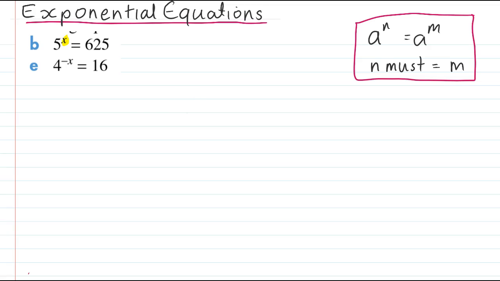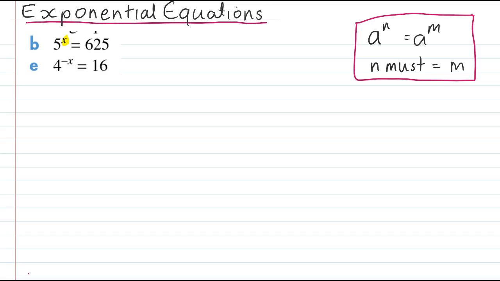Here, we've got to find what x equals. The key thing in understanding this problem is this rule that I've put in a red box, which is that a to the n equals a to the m only if they have the same base and the same exponent. If it's got a different number up the top, then they have to be the same in order for them to be equal.